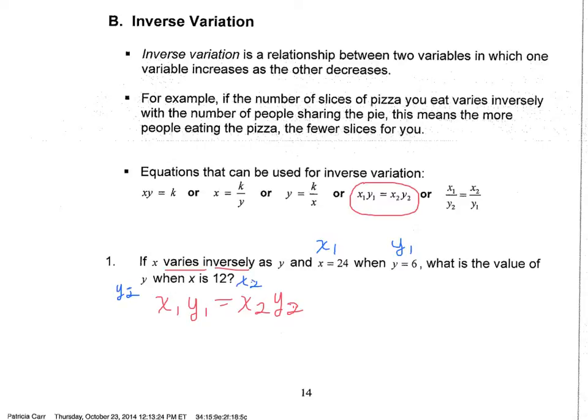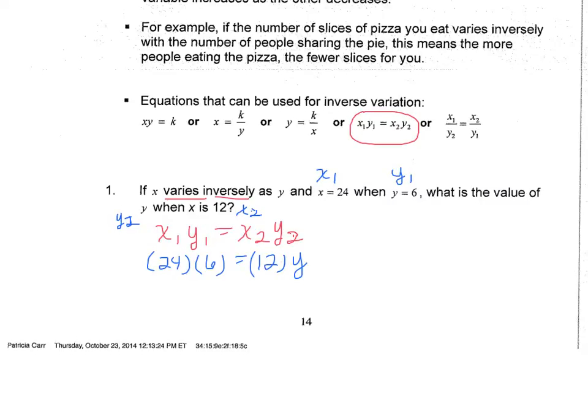Okay, now that we know who is who, we're going to fill them into our formula here. So x1 being 24 times y1, which is 6, equals x2, which is 12, times y2, which is plain old y.